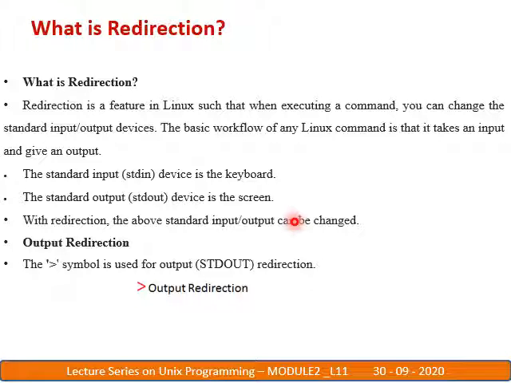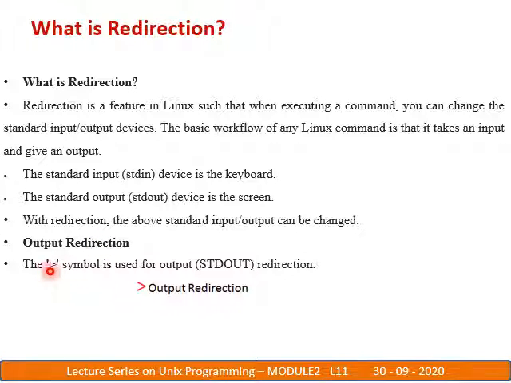We can also change the output. Instead of displaying the output on the standard screen or output device, I can redirect the output to some other file. That is called output redirection. Instead of displaying the output on the display, the output is redirected to a file.